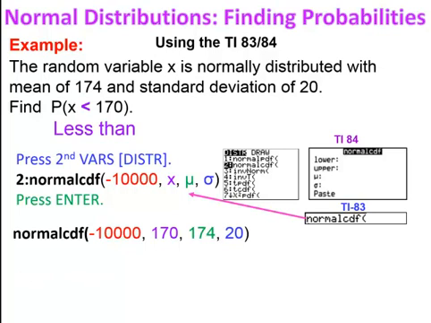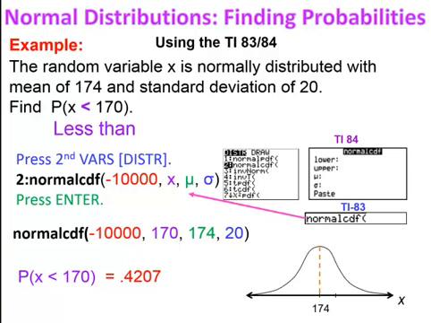Once you have all the data entered in, it will give you the probability. It converted everything to a z-score so that we could get the probability. And in this case, the probability is 0.4207.